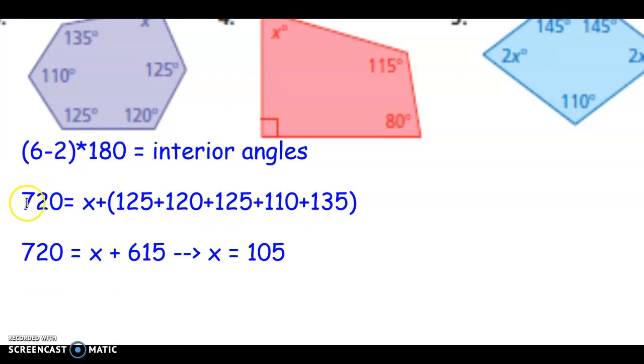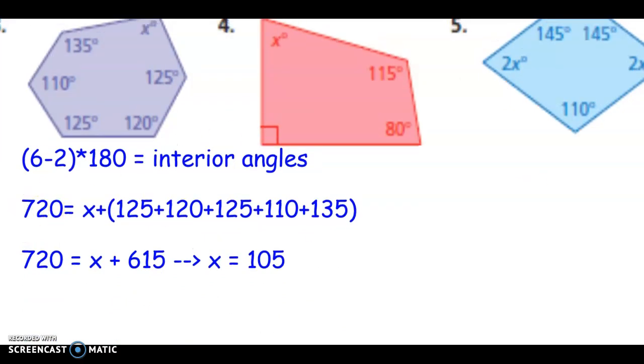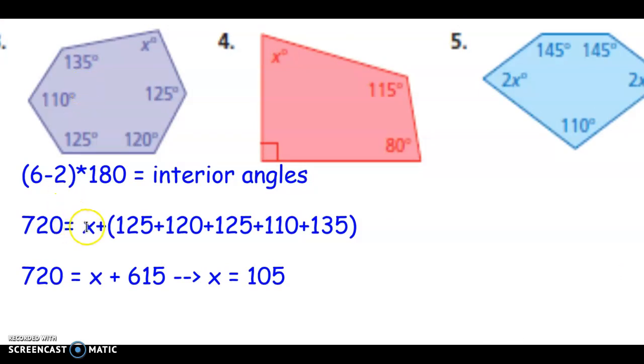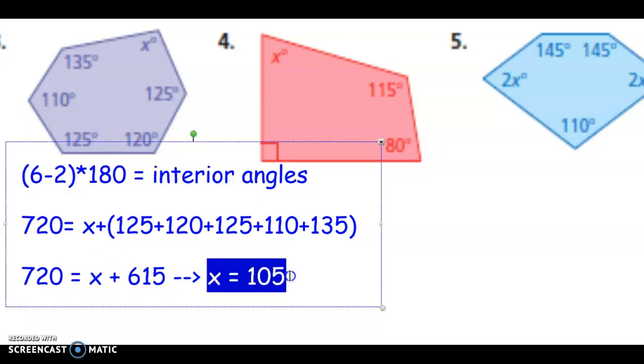Well, that means 720 has to equal that sum. And that sum is x plus 125 plus 120 plus 125 plus 110 plus 135, or 720 equals x plus 615. Subtracting from both sides, I can solve that x equals 105 degrees.